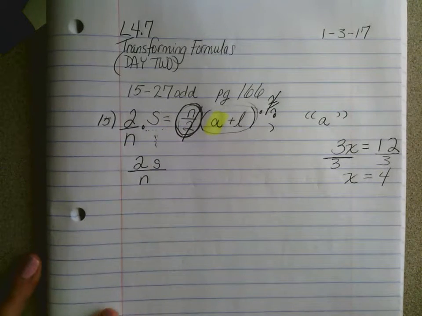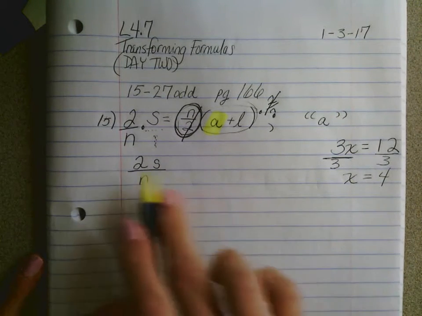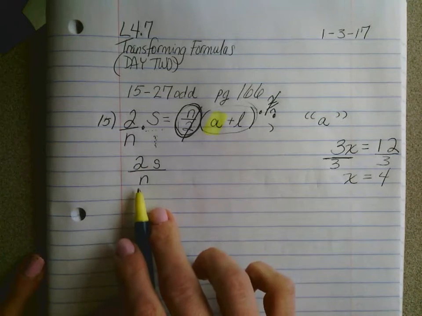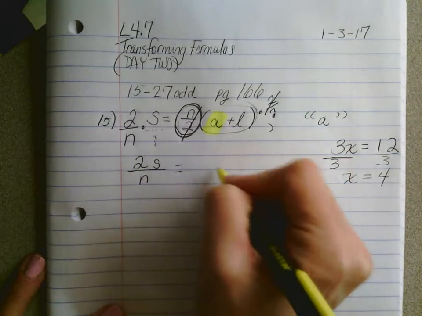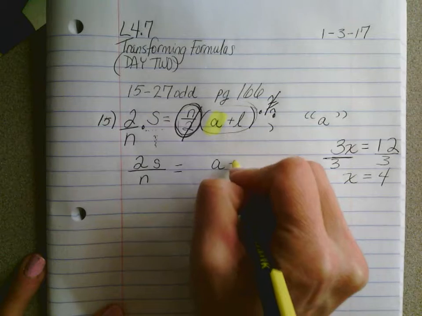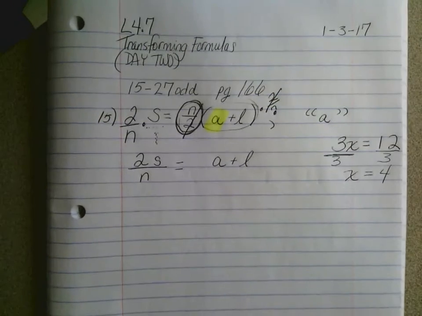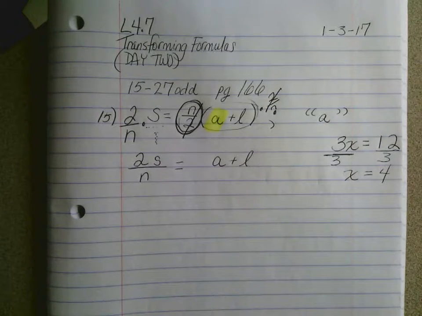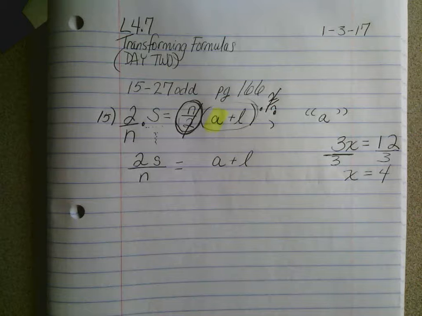We just don't ever really write that. 2s over n is now equivalent to what's left of A added to L. Now it's not too hard to get that A by itself. What do you think we can do to get the A by itself now? Subtract the L. Yep.